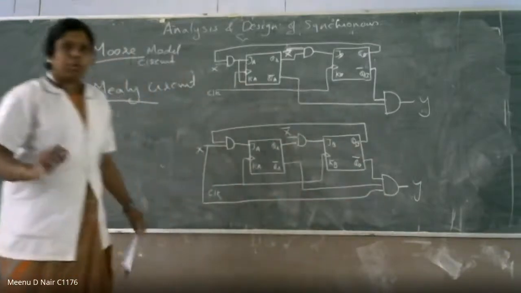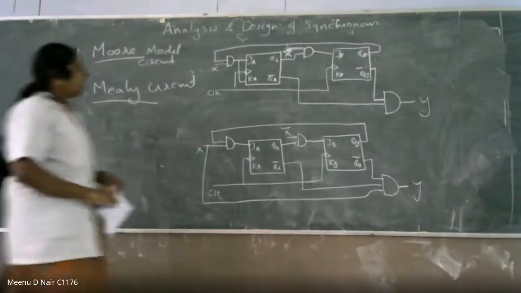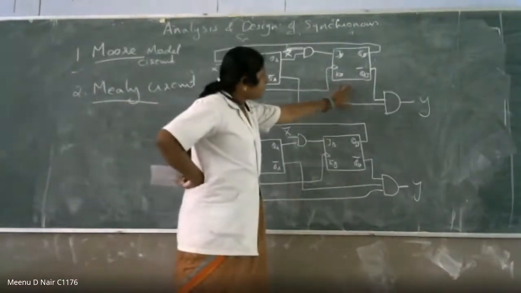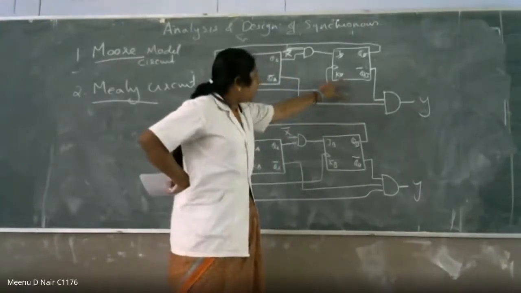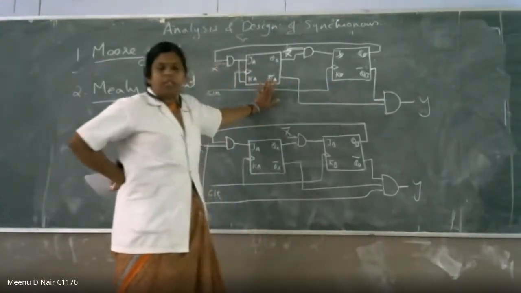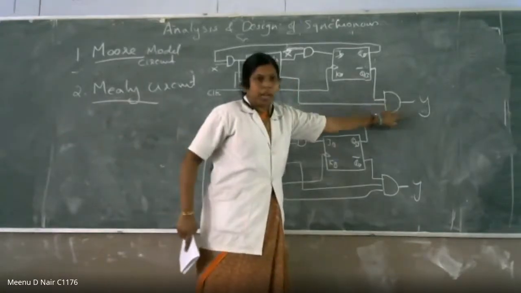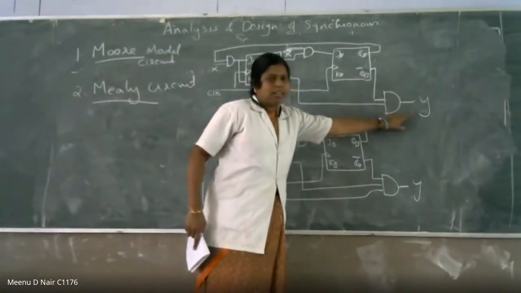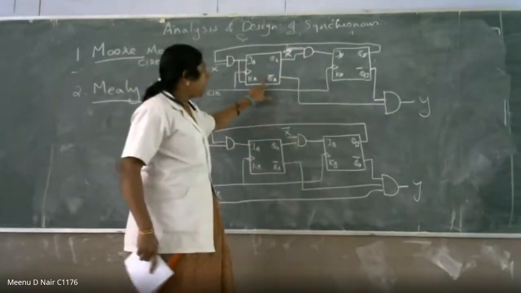Okay, these are the two circuits. So what is the difference you feel here? In the first case, the output is depending only on the present state of the flip-flop. Okay, this is your output, right? Y is your output. This Y is depending only on the present state of the flip-flop.